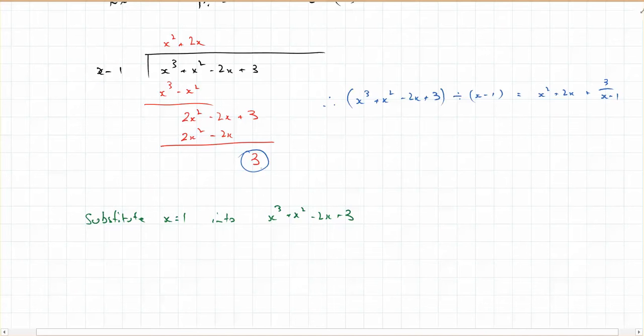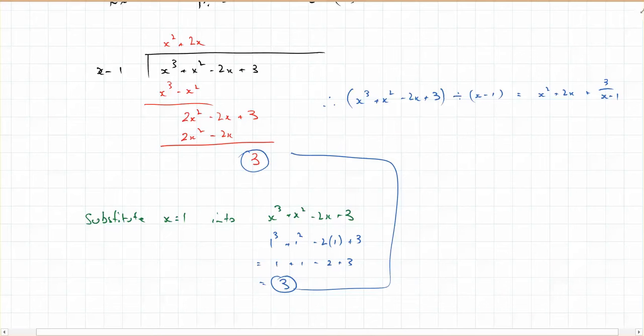The theory here is that if I divide by x minus 1, my remainder will be whatever I get when I substitute x equals 1 into the cubic polynomial. So I get 1 cubed plus 1 squared minus 2 times 1 plus 3. That's equal to 1 plus 1 minus 2 plus 3, which equals 3. Look at that. So I get 3.